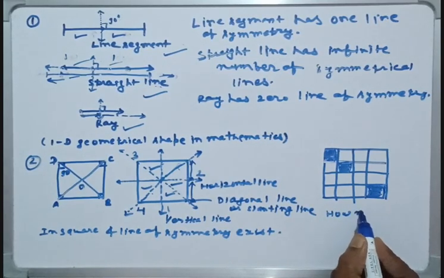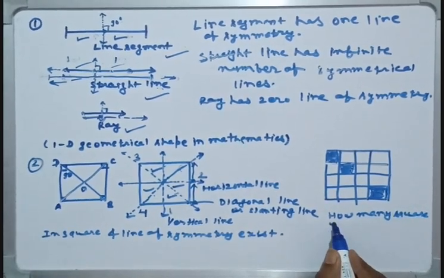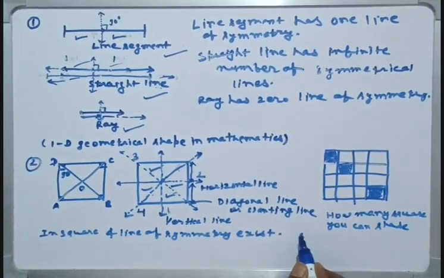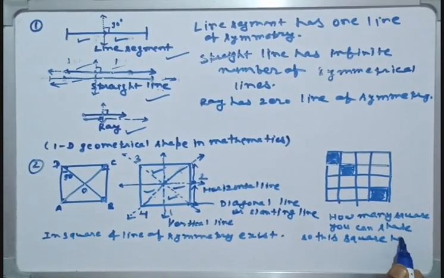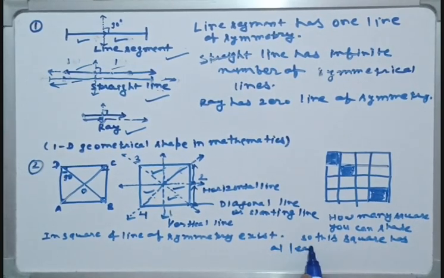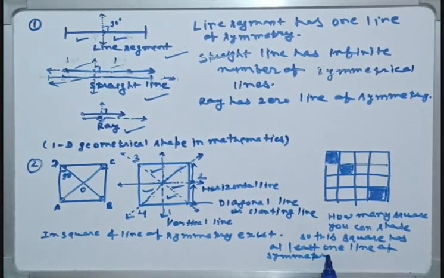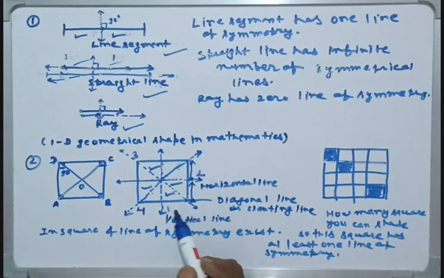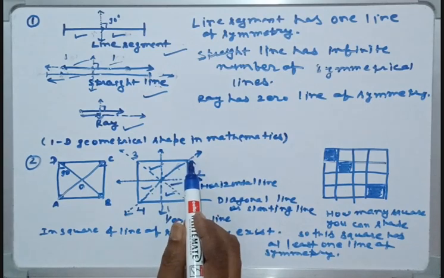Okay guys, now in an examination somebody may ask you how many squares you can shade so this square has at least one line of symmetry. Okay guys, just read here, this square is symmetrical along a diagonal.